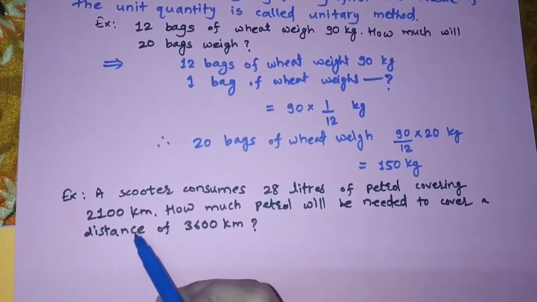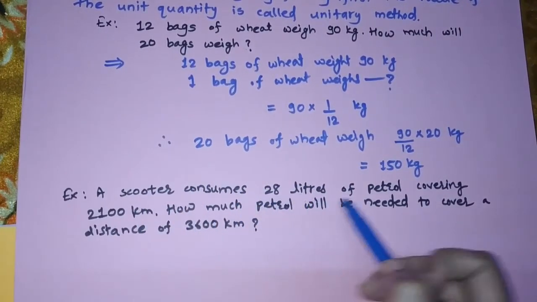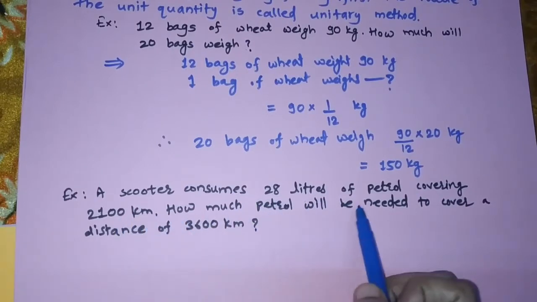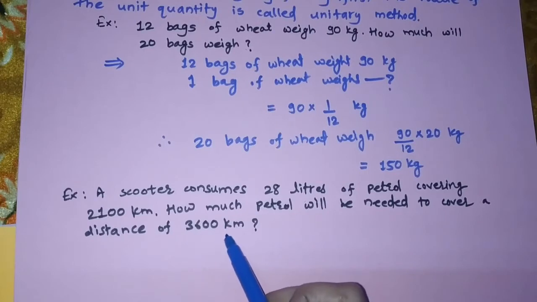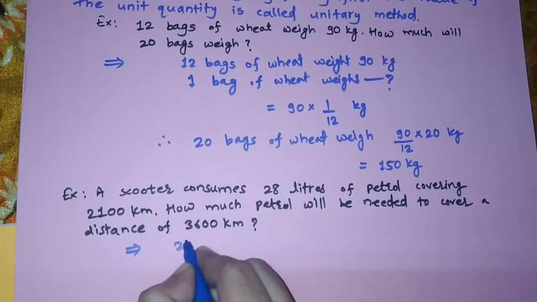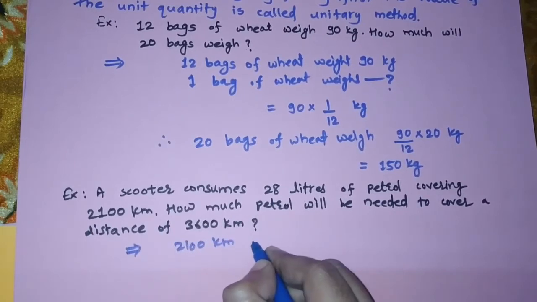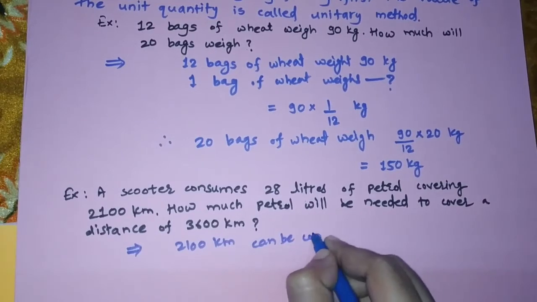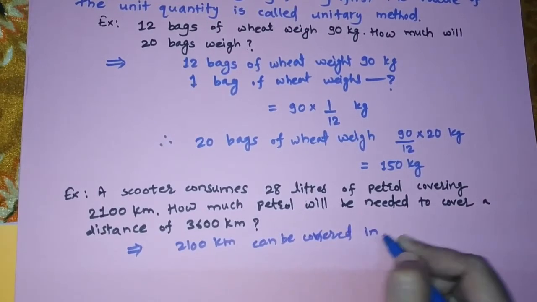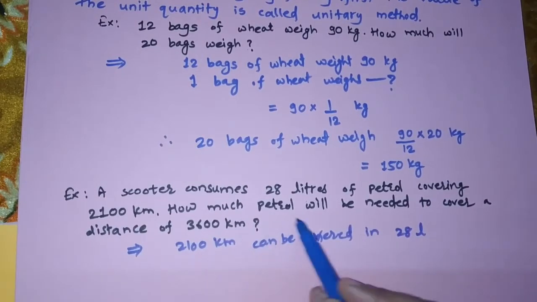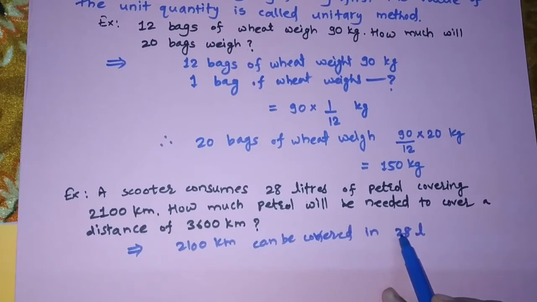Now the next question: a scooter consumes 28 liters of petrol covering 2100 km. How much petrol will be needed to cover a distance of 3600 km? Given that 2100 km can be covered with 28 liters of petrol, we need the petrol for 1 kilometer.